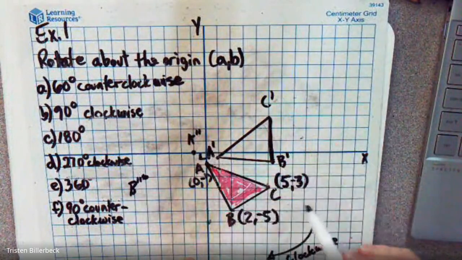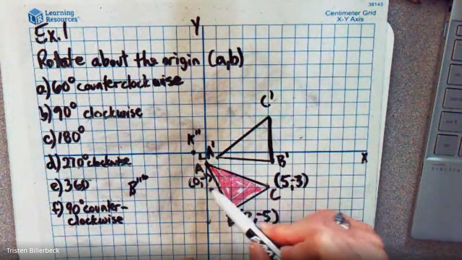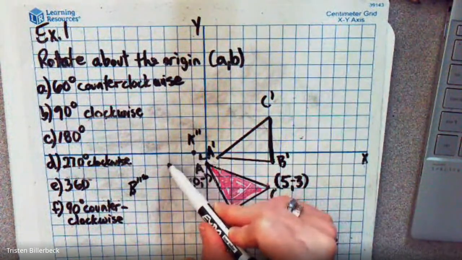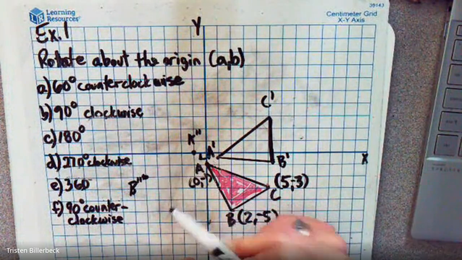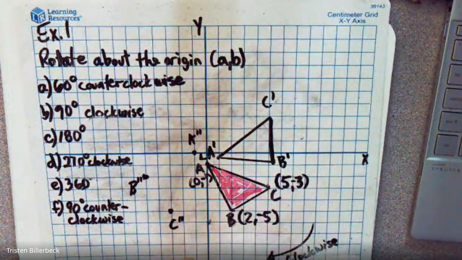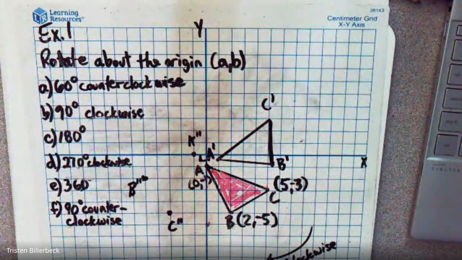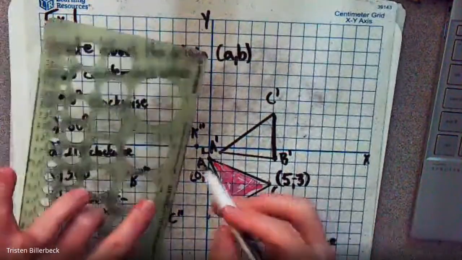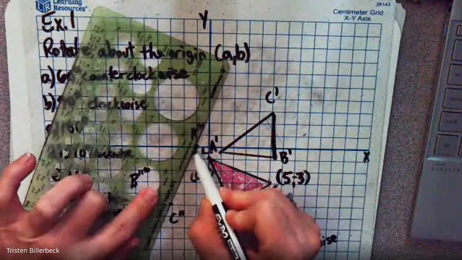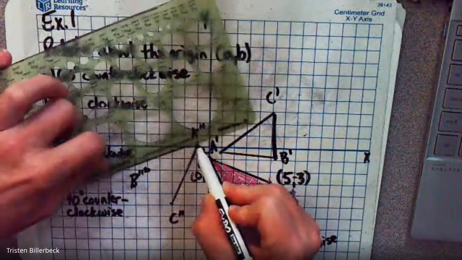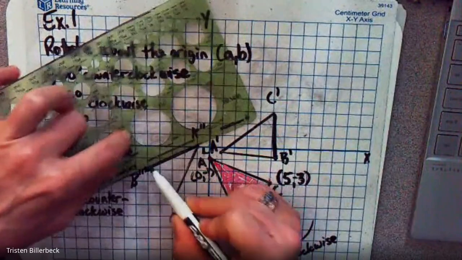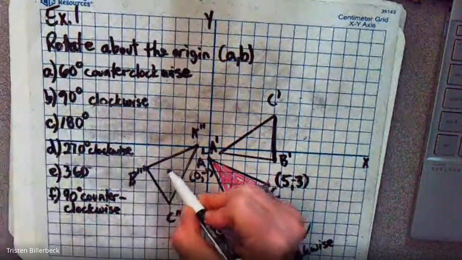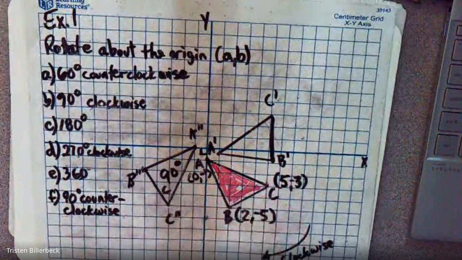That's A double prime. C is 1, 2, 3, 1, 2, 3, 4, 5. So then we have C double prime. We can draw our new triangle right here. This is a 90-degree triangle rotated clockwise, not counterclockwise, about the origin. So that's 90 degrees clockwise.